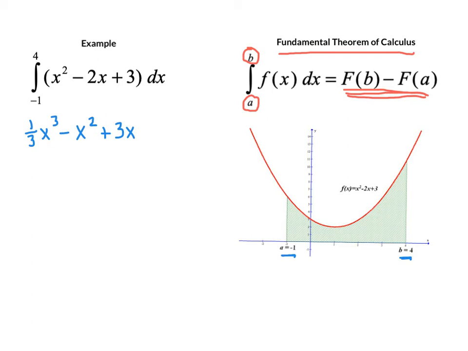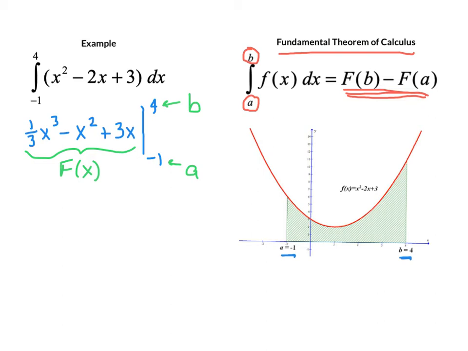The notation of what we do next then is the vertical bar, which in calculus means we're going to evaluate our antiderivative, and then we carry our bounds over to the vertical bar. So if we want to label what we've done so far here, this is our antiderivative function, capital F of x, and then we carry our a and b values over to our evaluation bar.